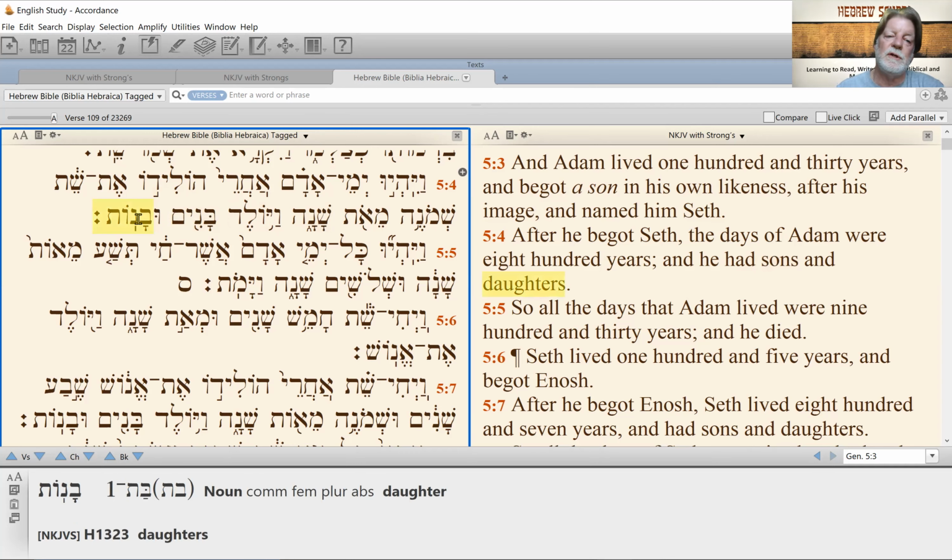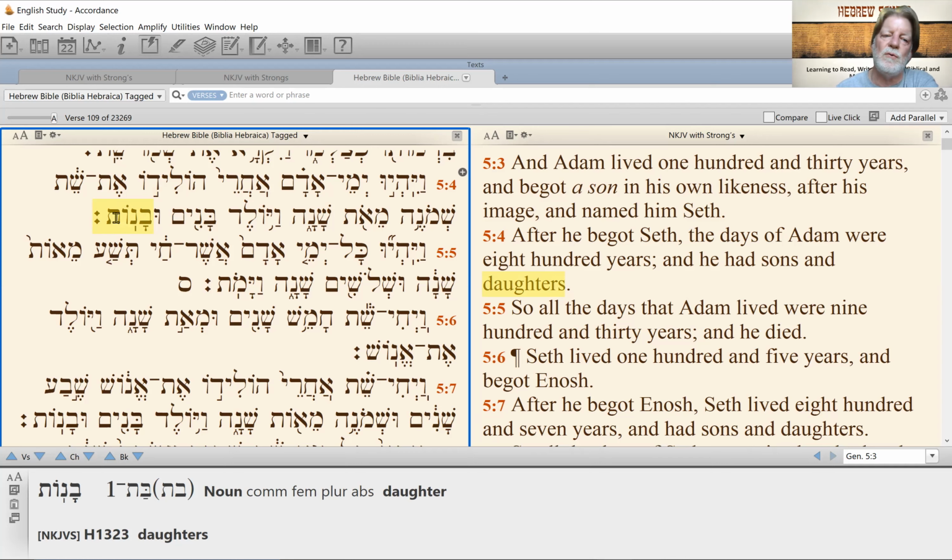And banot. Banot is the plural of daughters. This is kind of weird because the root word for daughter is bat. But here, for some reason in Hebrew, and it's always this way, the tav drops out, the noon takes its place, and then the plural ending ot.